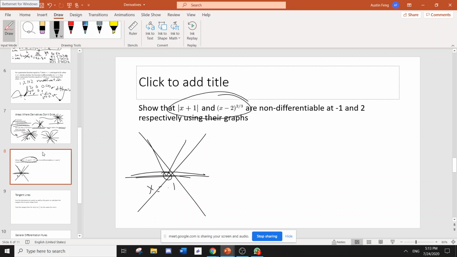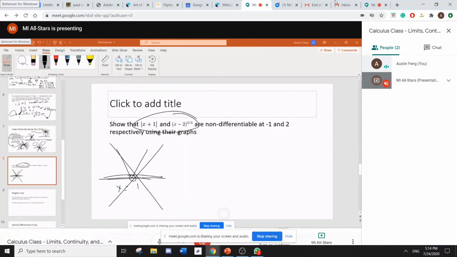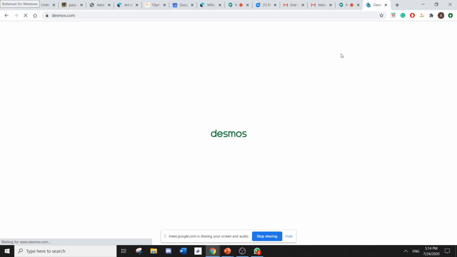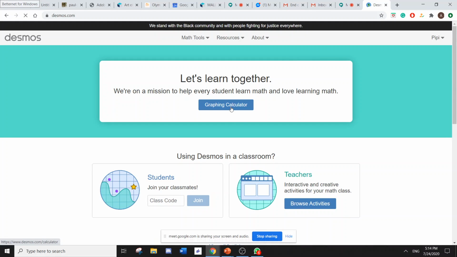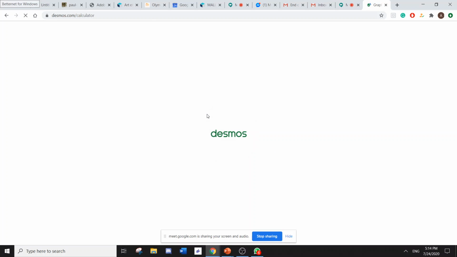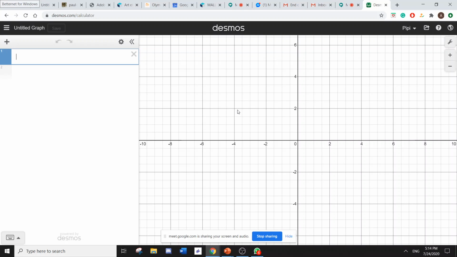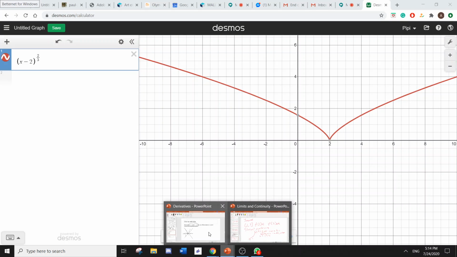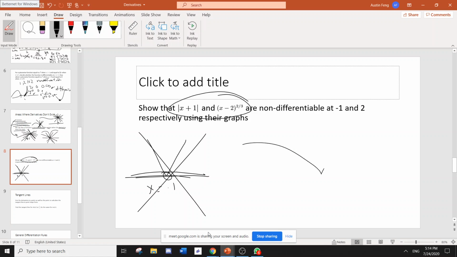For x minus 2 to the 2/3, I'll have to graph that one on Desmos. Okay, so we see that the function is like this. There's a vertical tangent over here, so it's non-differentiable.